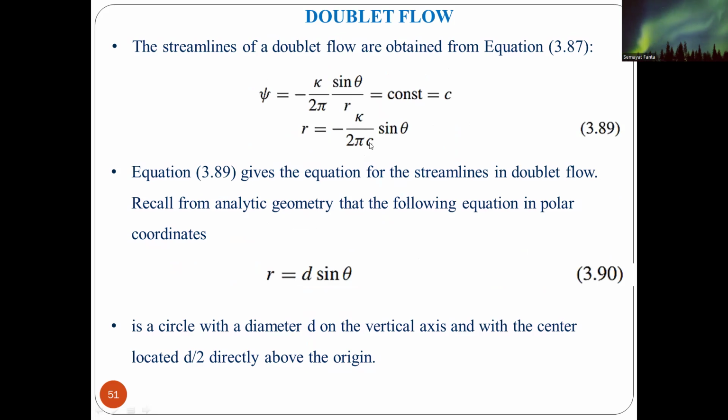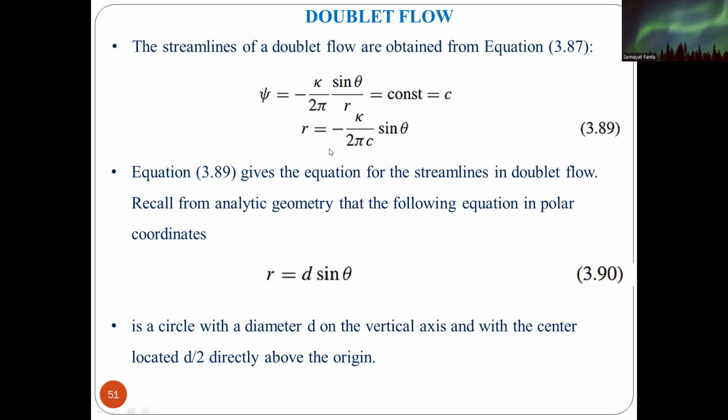So there is some rearrangement to find what the streamlines are. The streamlines of doublet flow are obtained from the psi function, where psi is equal to a constant.